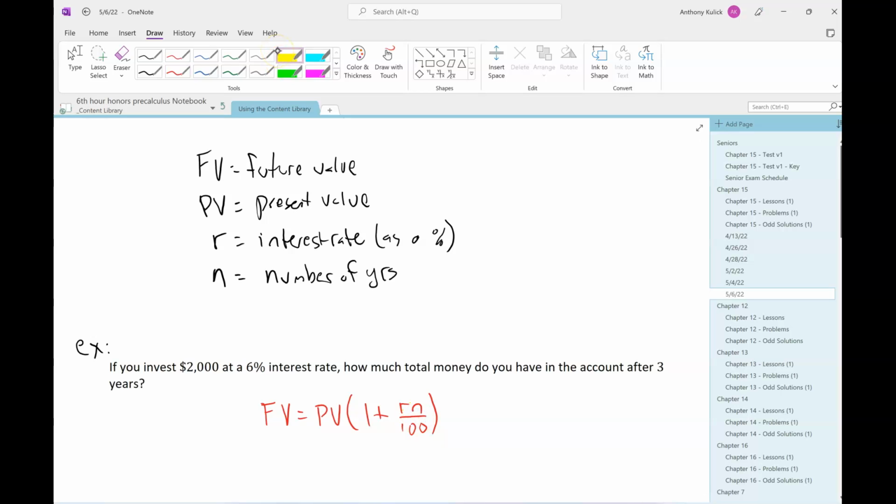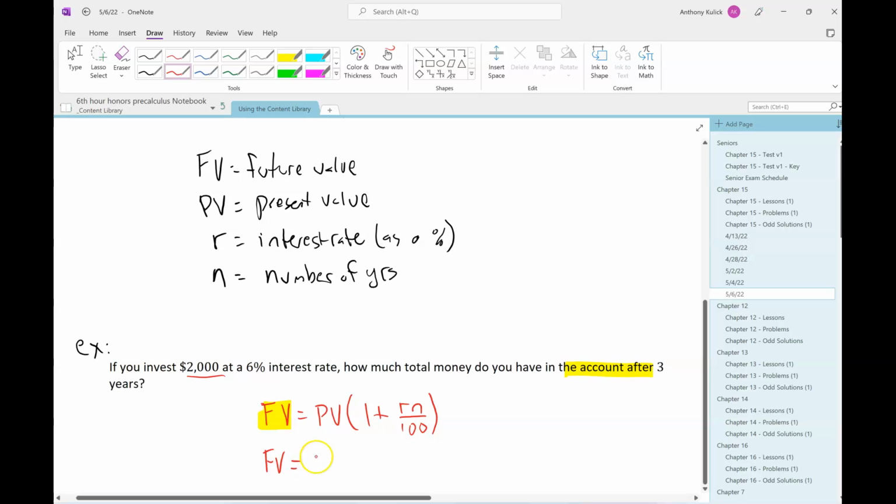What part of the simple interest formula are we solving for in this question? FV, right? Because you're looking for the account after 3 years. That's a future value. So where does the 2,000 go? That's the PV. Where does the 6 go? That's R. And then what's the value for N? Gotta be 3.